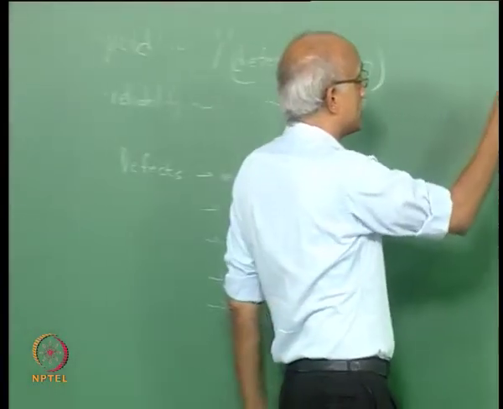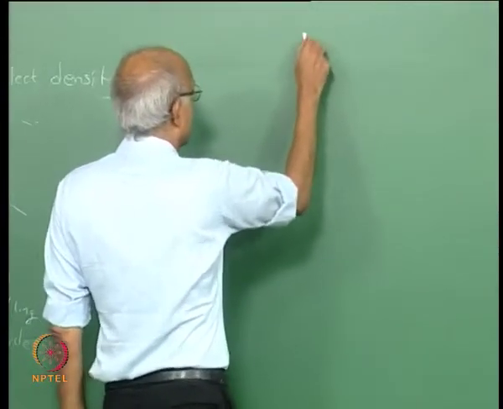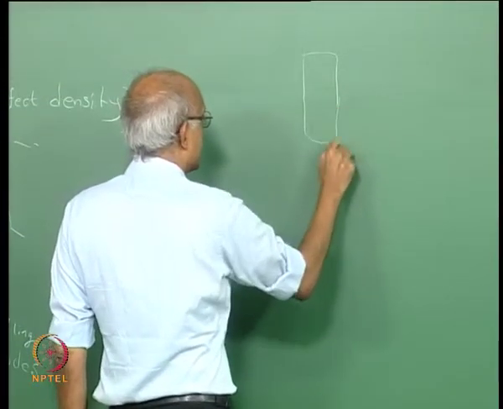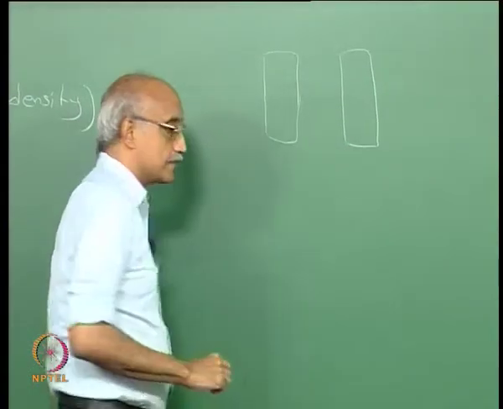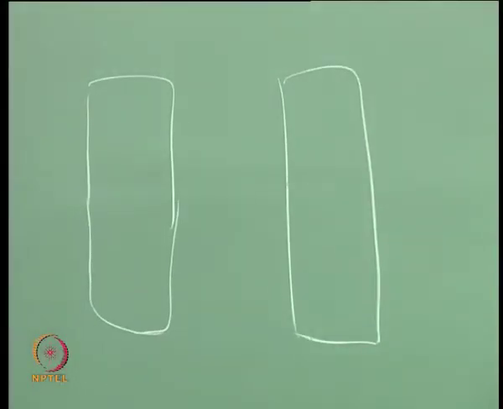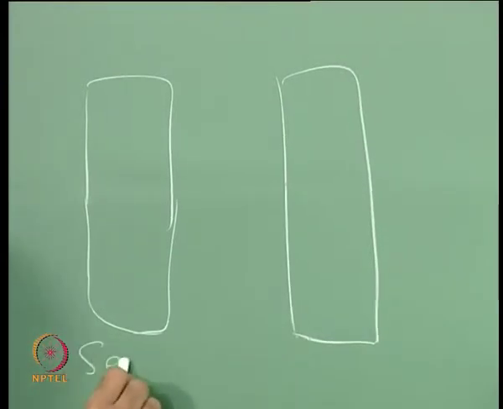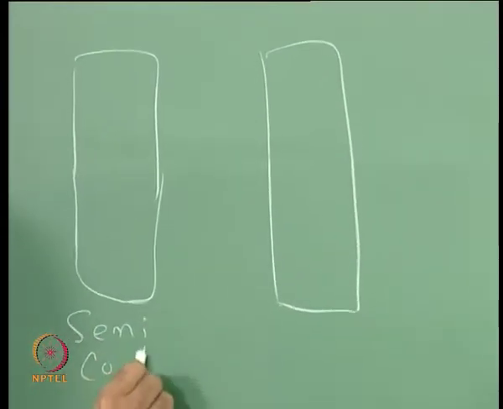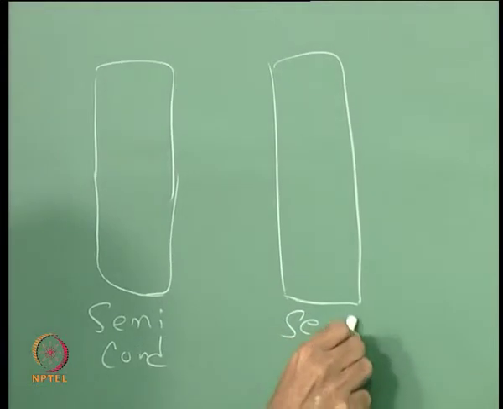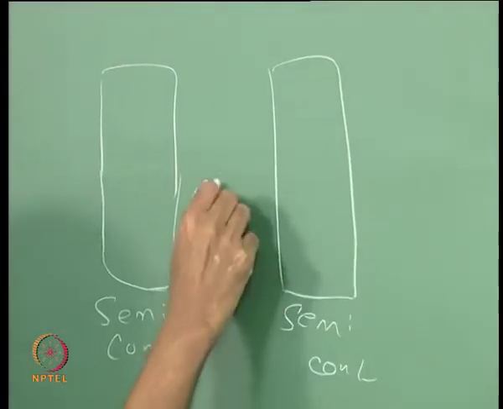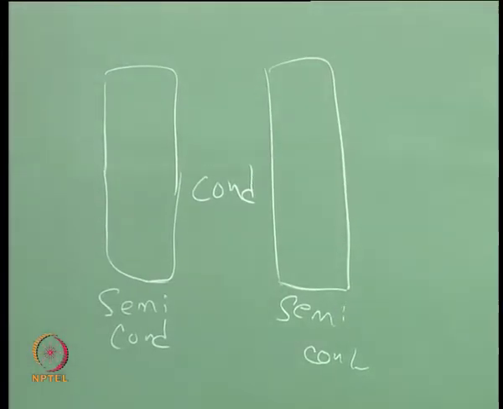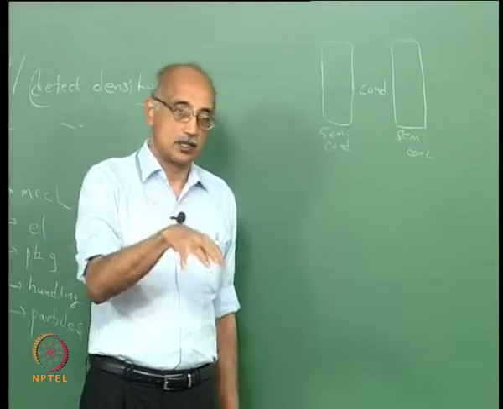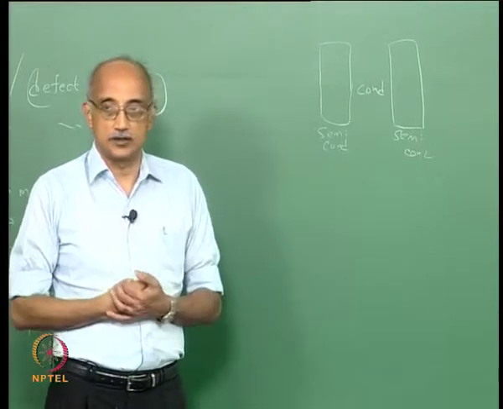You may have a device that looks like this and another device that looks like this, and let's say these are semiconducting materials. This is a semiconductor, this is a semiconductor, and in between you have a conductive path. So essentially the semiconducting layers have been deposited on a conducting surface.